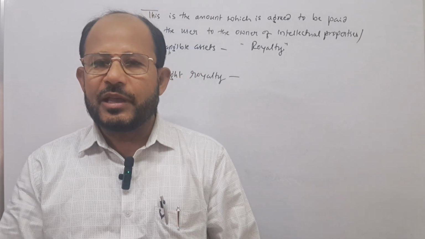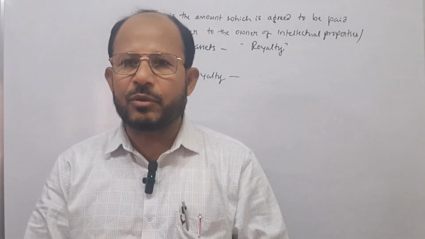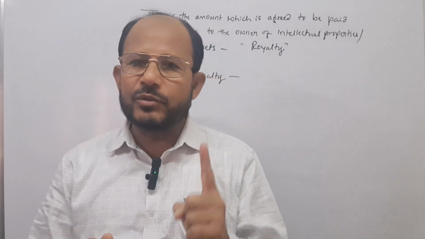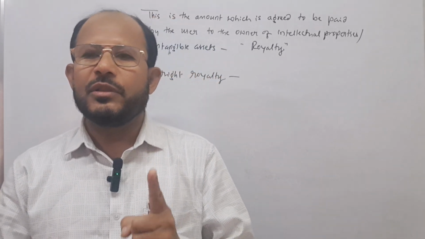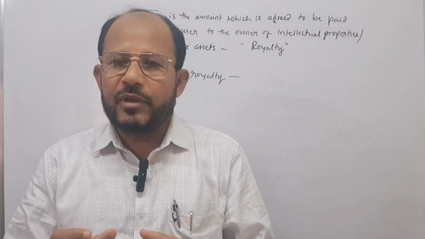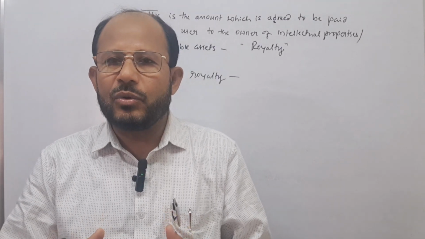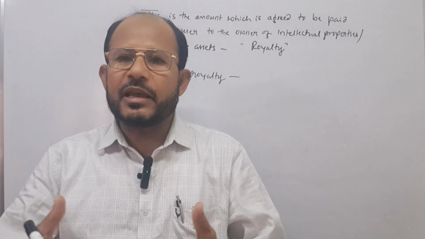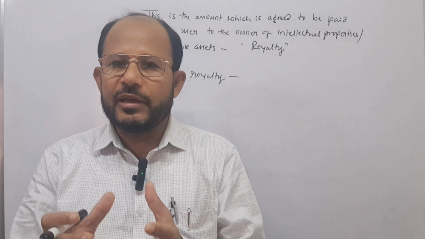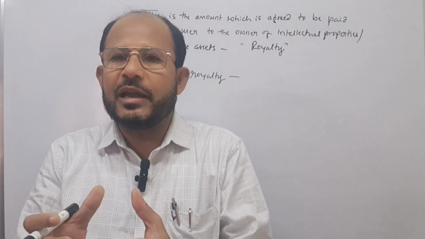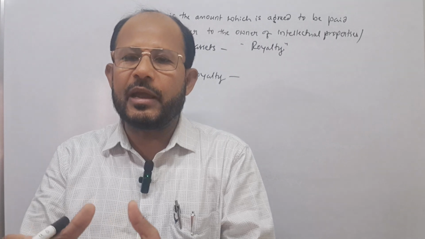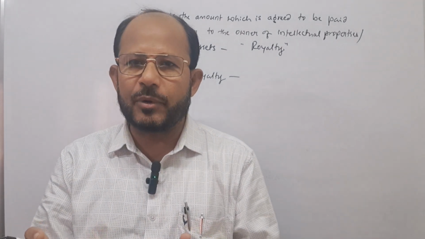The author uses his intellect and writes the book. Then after writing the book, he will authorize someone to print and sell his book. Therefore, the person who is given that authority of printing and selling is called a publisher.